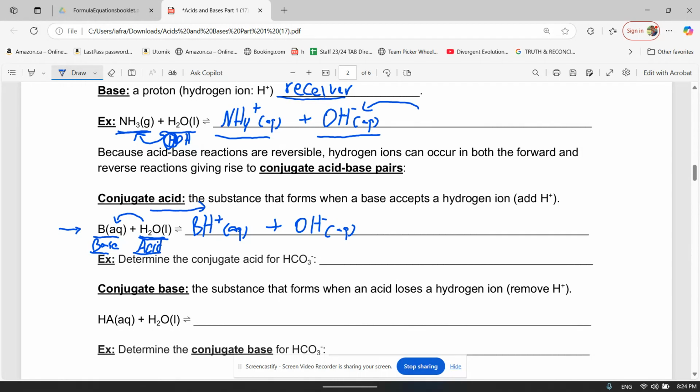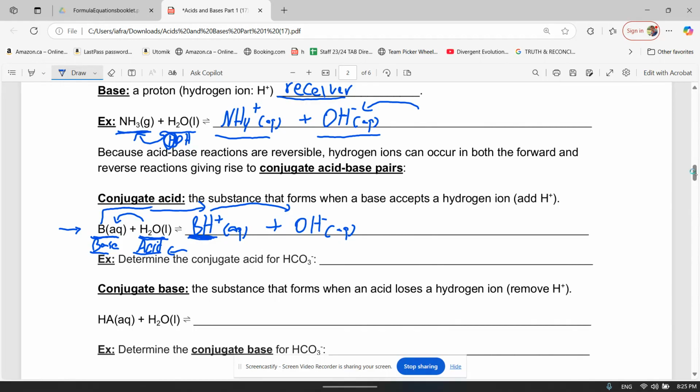But if you go the reverse direction, look at what's happening here. The BH plus would give its H to OH minus to remake water. So the BH plus is now acting as an acid. So you'll notice that the B was a base, but the buddy that received the H plus on the other side is now acting as an acid.